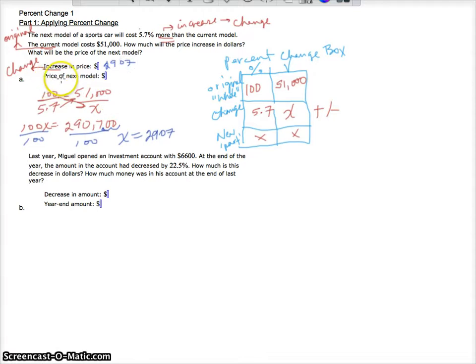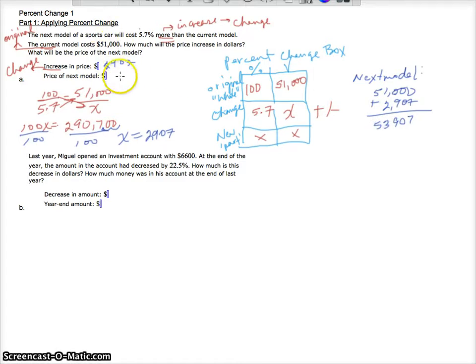To find the price of the next model, I'm just going to add 51,000 to 2,907. It's 51,000 plus 2,907, which is 53,907.